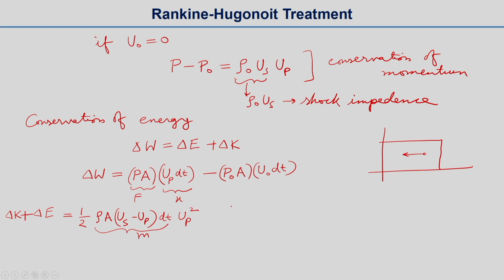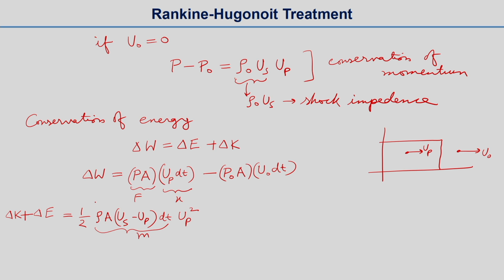Sorry, what we wrote here is up should be in this direction, but the m is correct. So m is this expression, and the velocity of particle ahead of the shock front is u naught. That we will see later.